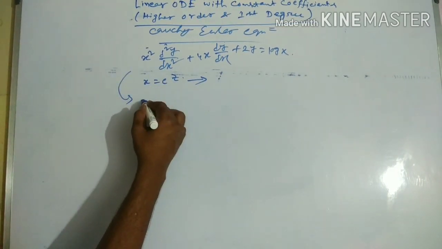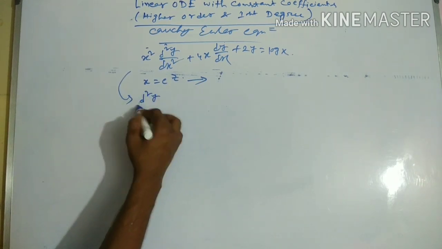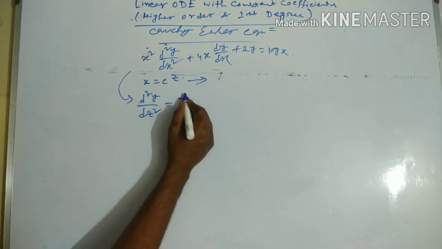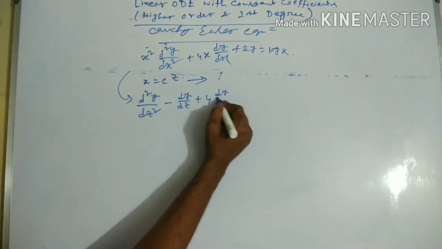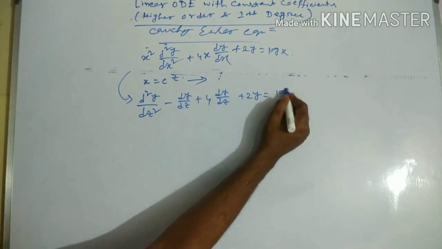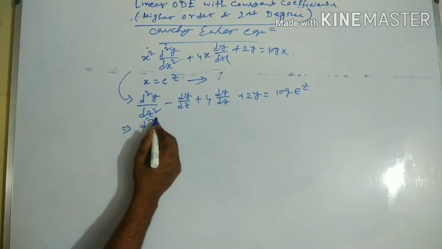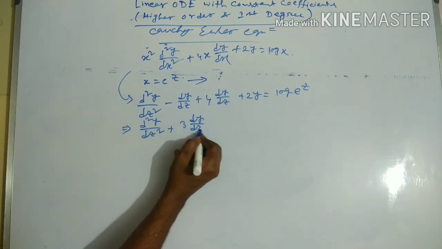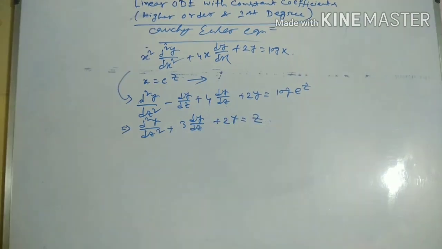So I am putting the value of x² d²y/dx², which was d²y/dz² minus dy/dz, plus 4 into the value of x dy/dx, which was dy/dz, plus 2y equal to log, and the value of x is e to the power z. So this is d²y/dz² plus 3 dy/dz plus 2y equal to z, since log e to the power z equals z by the property of logarithm.